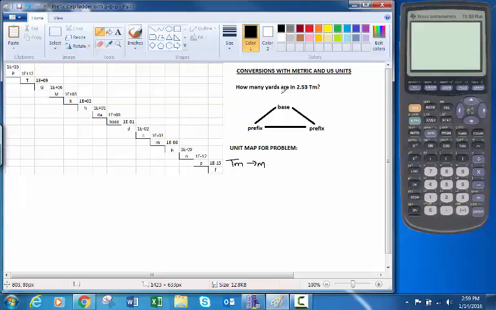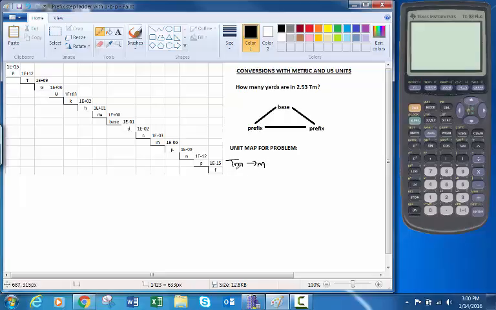We know in our problem that eventually we want to end up with the unit of yards, which is a US unit. So if we think about the equalities that we've learned in class that relate metric units and US units, one of the equalities that we've learned is the relationship between centimeter and inches.